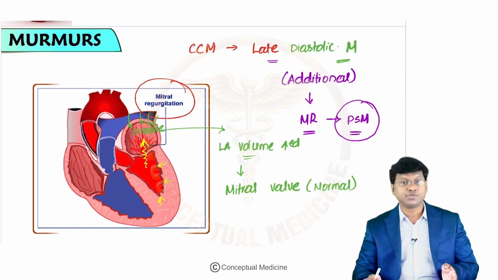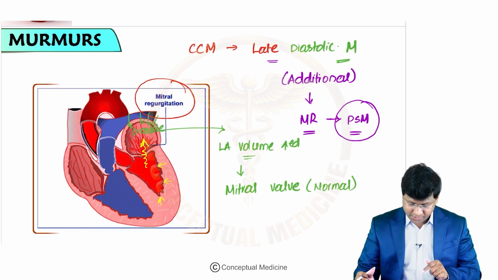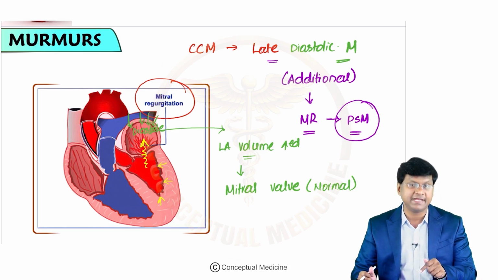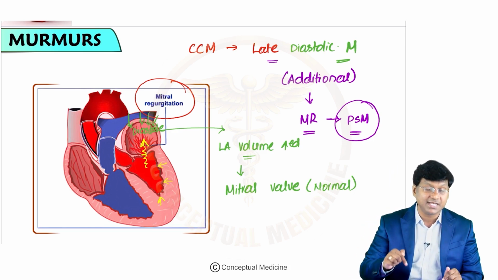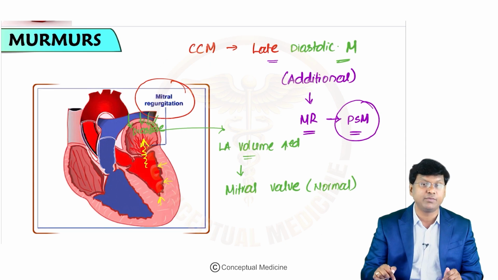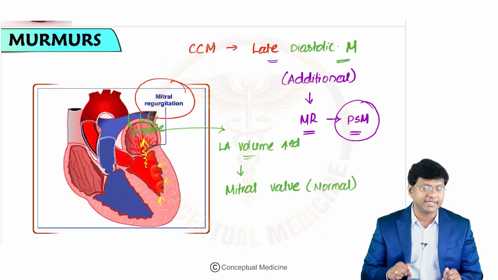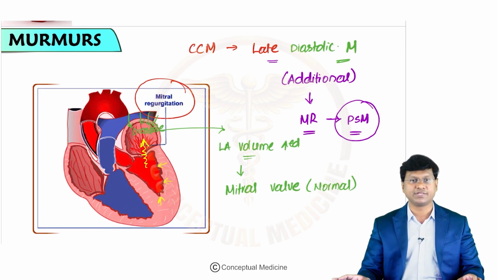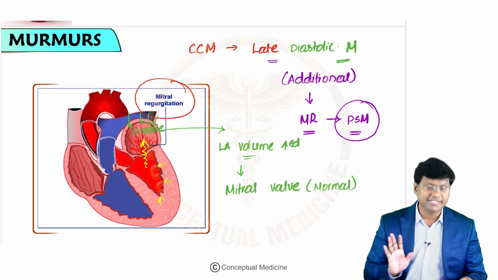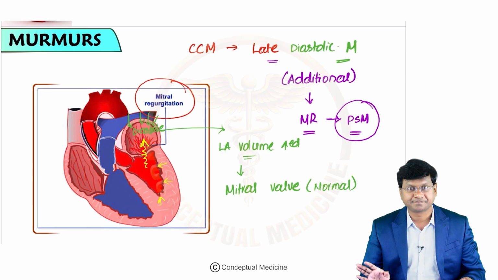Why do you have this? Because when this large volume of LA blood passes through a normal mitral valve area during ventricular diastole, it creates turbulence across the valve even during diastole, resulting in a mid to late diastolic murmur. That is what is Carey Coombs murmur.